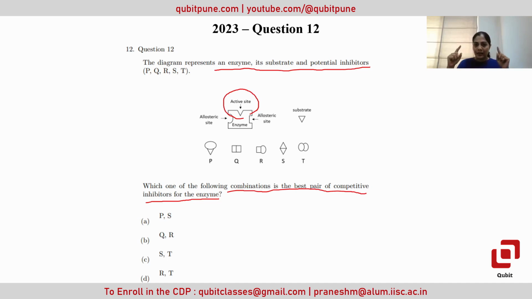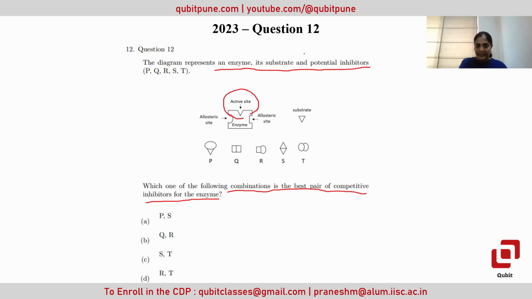The competitive inhibitor has a structural similarity with the substrate, so it can compete for the active site of that enzyme, and because of the structural similarity it can get attached and the substrate attachment will be unavailable for that enzyme.